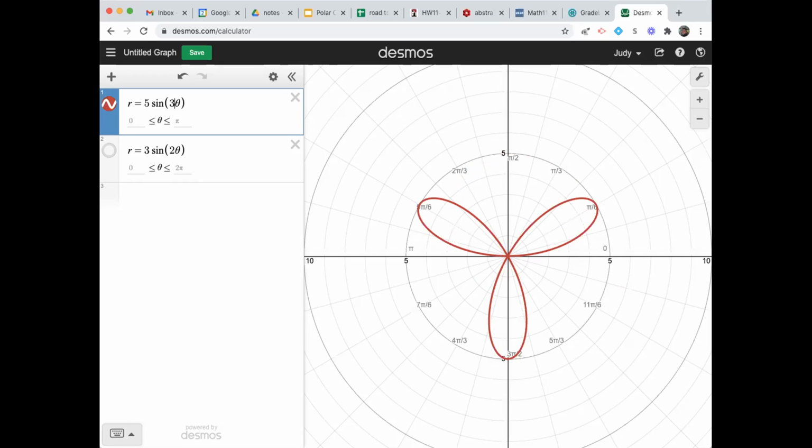They are 3 petals and another 3 petals that are on top of each other. Yes, they are overlapping. Okay, so there are 6 petals, but 3 of them are hiding underneath the other 3.